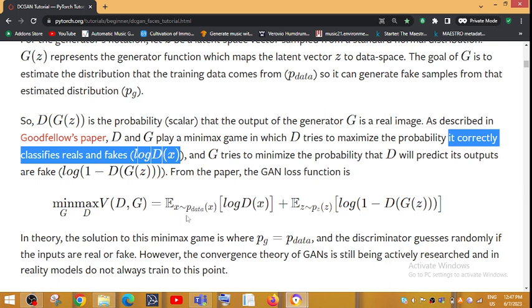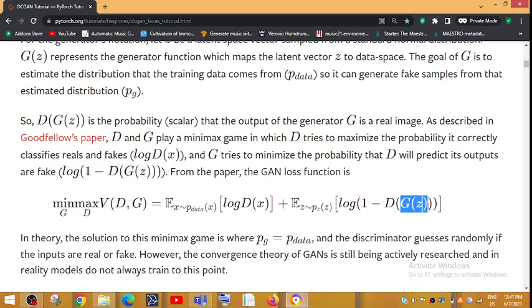Here is the equation: E over data of log D(x) plus E over z of log(1 - D(G(z))).